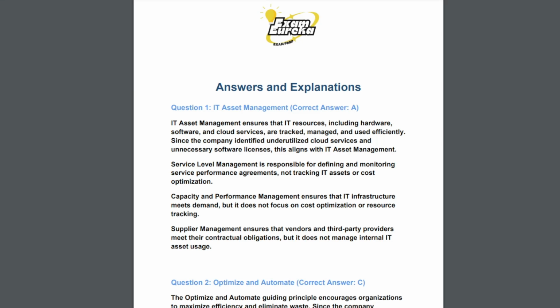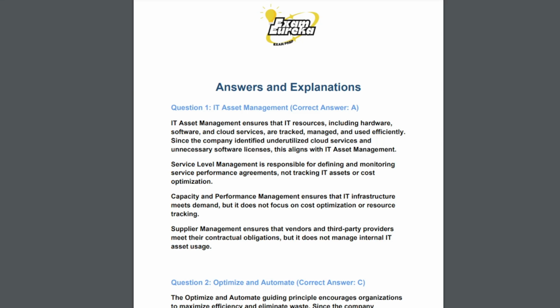Incorrect answers here were service level management. Service level management is responsible for defining and monitoring service performance agreements, not for tracking IT assets or cost optimization. That was hard for me to say. The next incorrect answer was capacity and performance management.